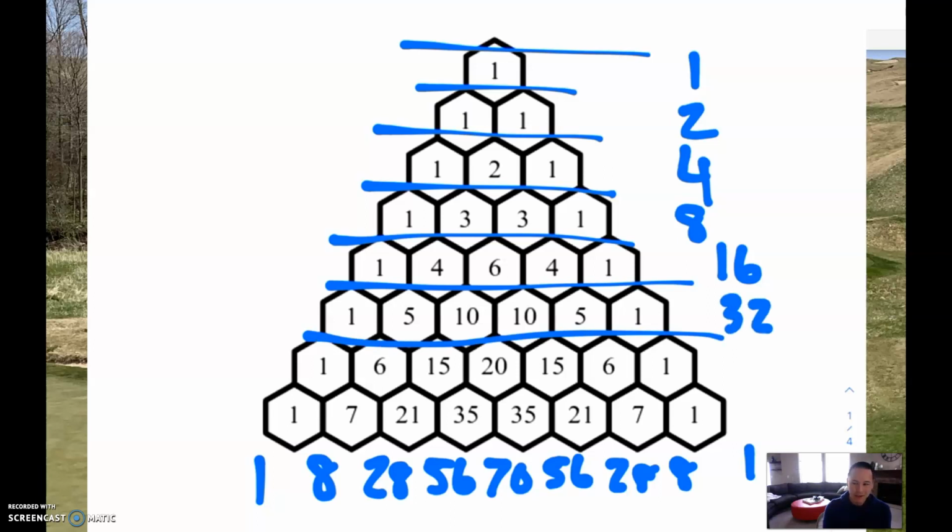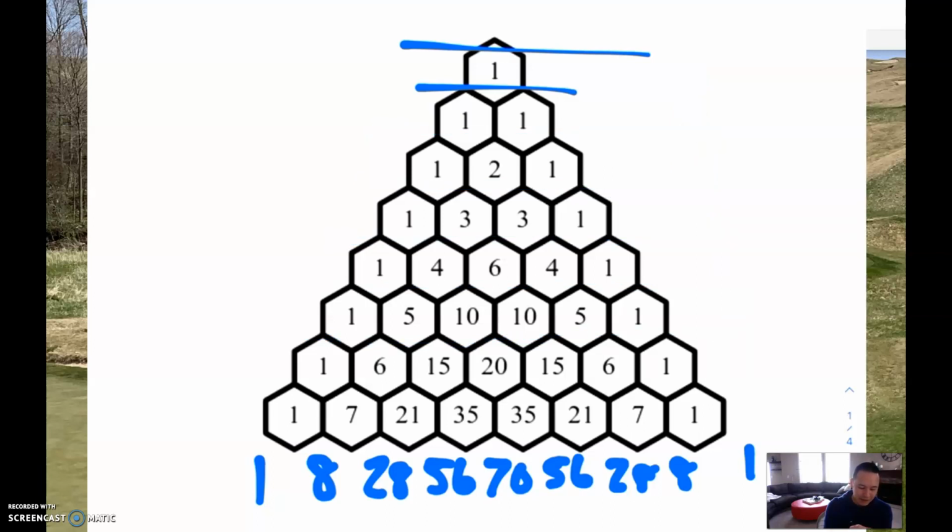Are you noticing a pattern here? The next one would be 64. All right, so you get powers of 2 when you add those together.